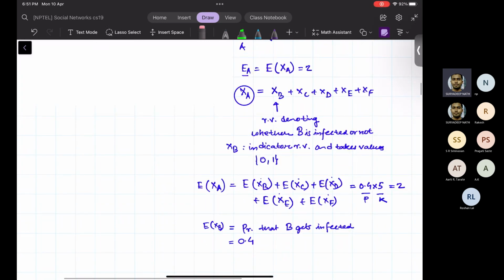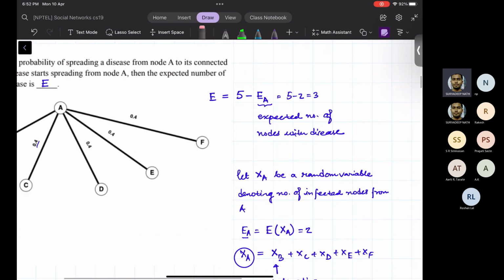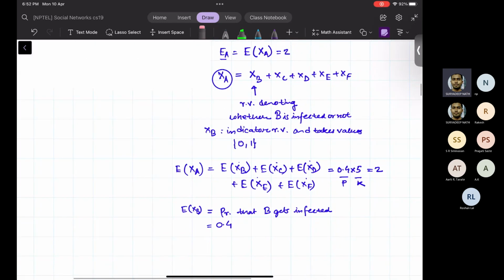For an indicator random variable, the expectation is basically the probability of that indicator variable. XB is an indicator variable that is 1 when B is infected and 0 when B is not infected. So the expectation of XB is the probability that B gets infected, which is 0.4, and it is 0.4 for all the other four as well, as given in the diagram. So E of XA is 0.4 into 5, which is 2.